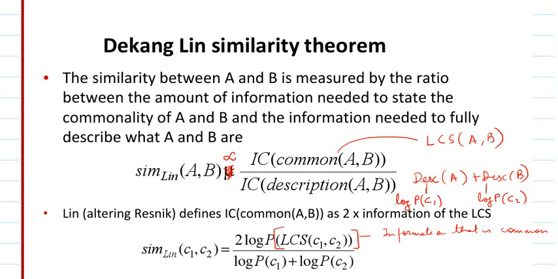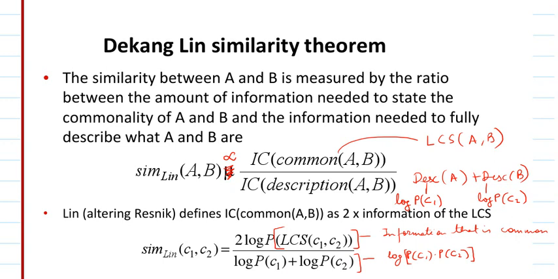And this log P C1 plus log P C2 is actually the information having the description of C1 and C2, or A and B, which is the log of P of C1 dot P of C2. So what is this log P of C1 dot P of C2? It is actually the probability that C1 and C2 are occurring together.